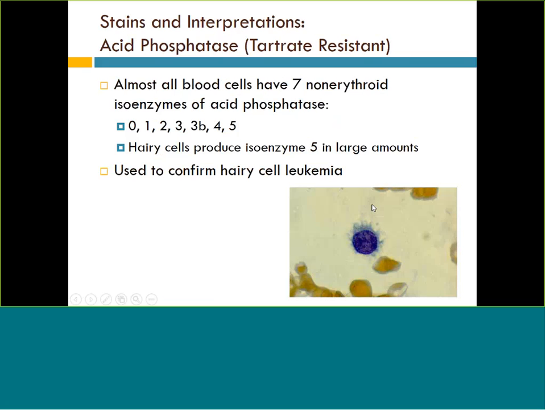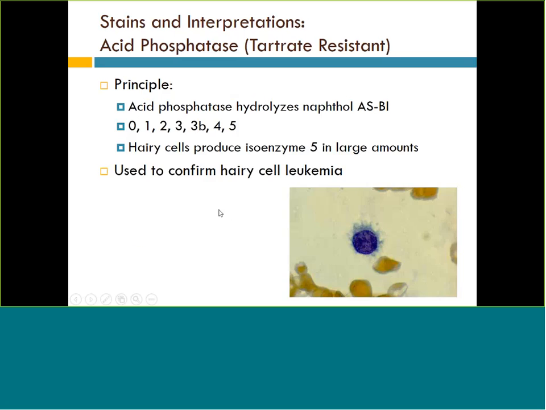So with hairy cell leukemia, those cells produce an isoenzyme number 5 in really big amounts. So all cells will produce certain isoenzymes of acid phosphatase, but the hairy cell leukemias really produce a ton of isoenzyme 5 acid phosphatase.